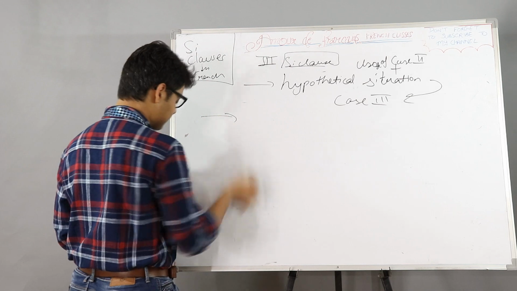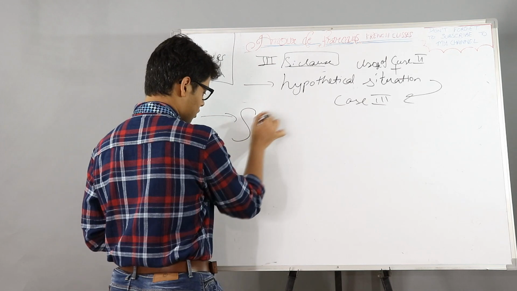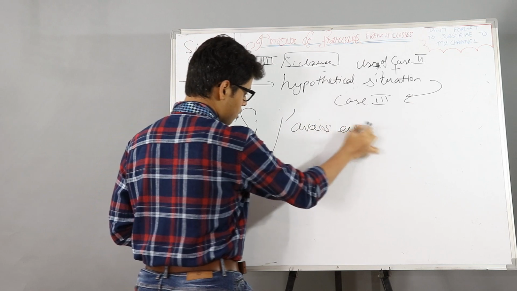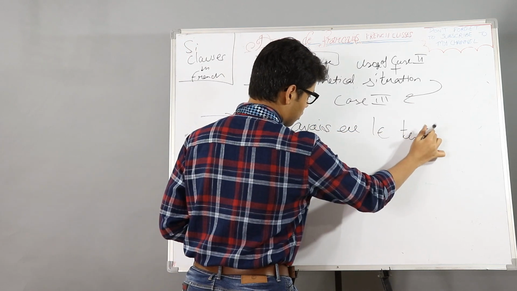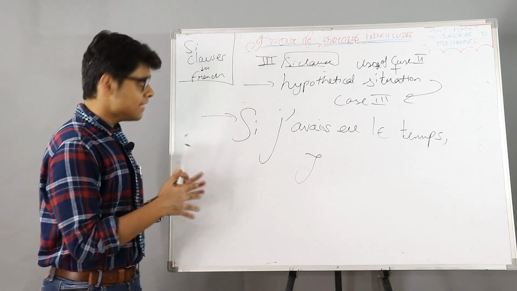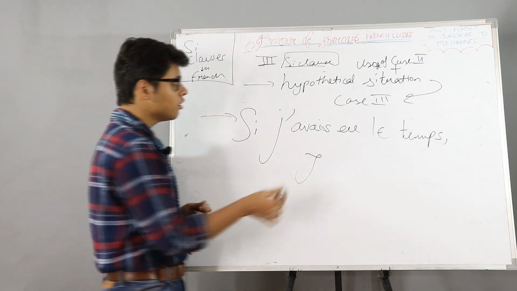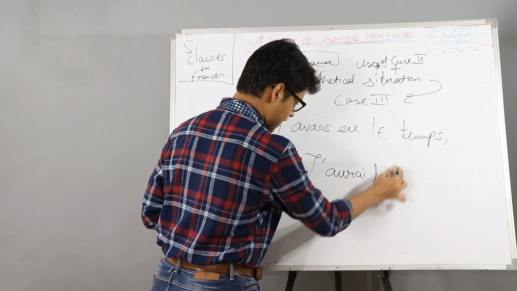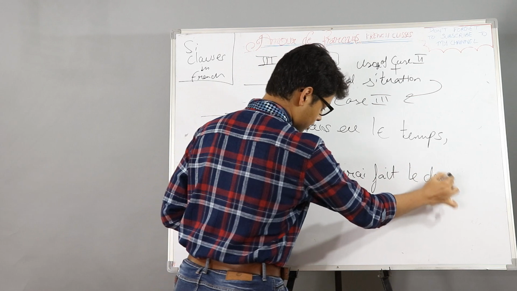We will take a sentence for understanding it. Si j'avais eu le temps, so si j'avais eu le temps, j'aurais fait le devoir.